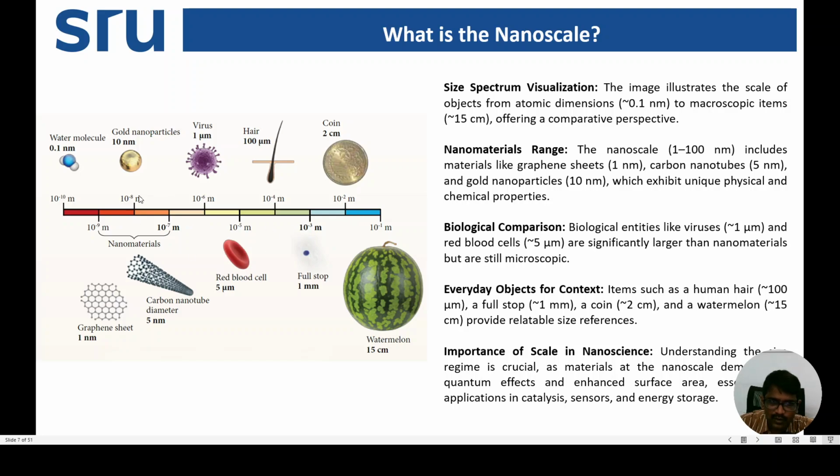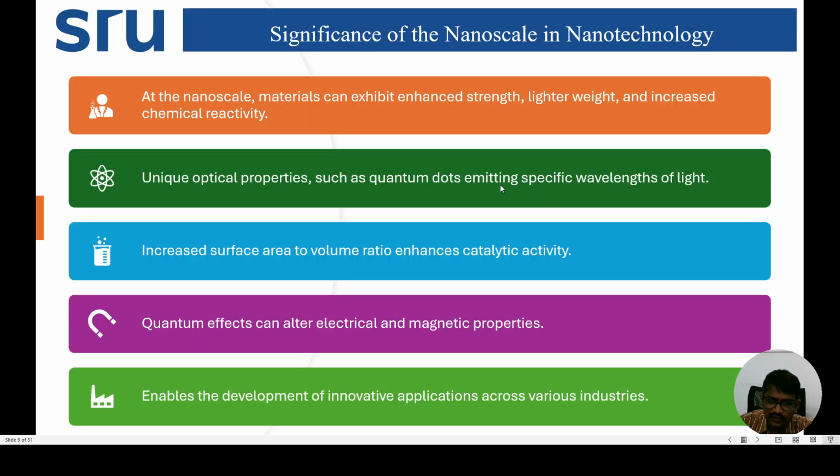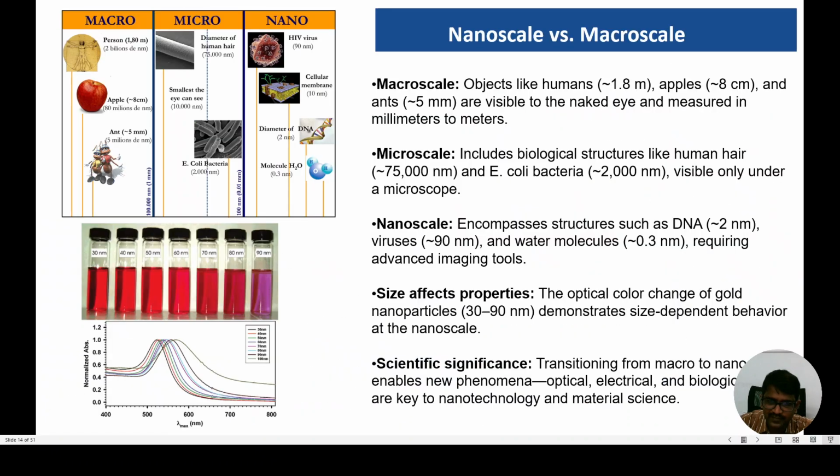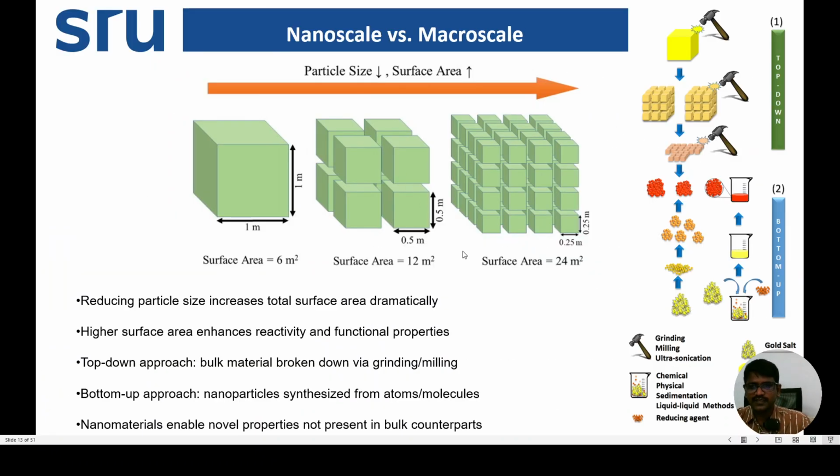So how can we distinguish this nanomaterial? Macro, micro, nano, right? This is nanoscale versus macro scale. See this object, this is a macro object.